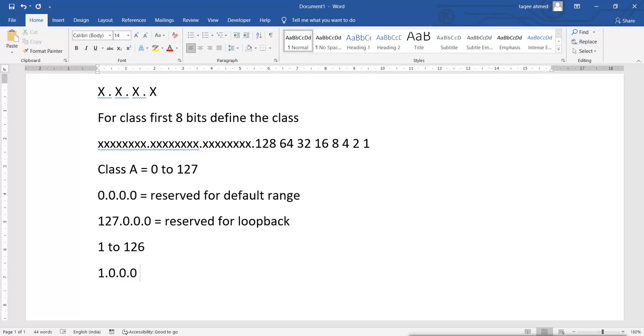If the host ID bits are 0, then it is considered a network address.